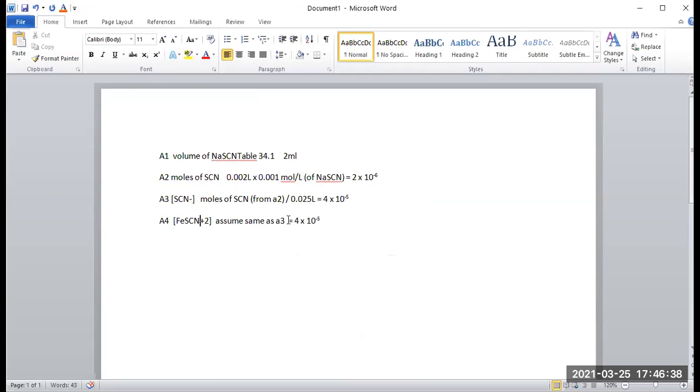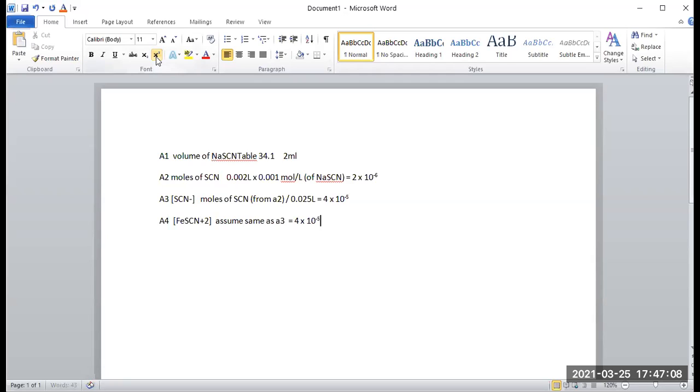You have way more iron than you actually need, but it is the thiocyanate that controls how much product you can make. So we make this assumption that if everything went according to plan, you would use up all of the SCN to do this, and that would give you an equivalent amount of product.